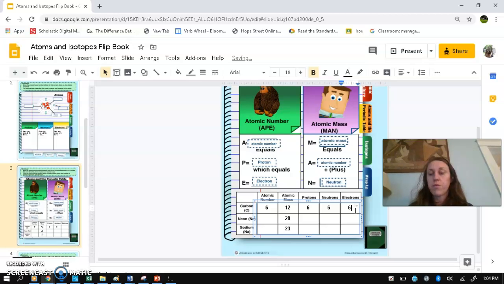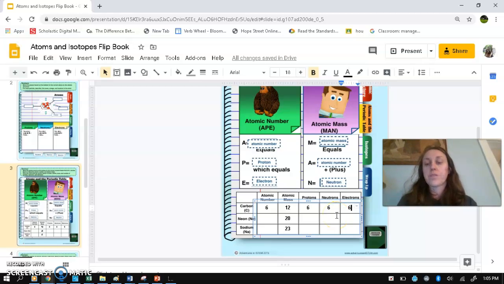Electrons are going to be the same as protons. So in this case, yes, I know, it's 666, like our zip code here in Topeka. So I want to stress that these two are not the same. You have 3 that are going to be the same: atomic number, protons, and electrons.